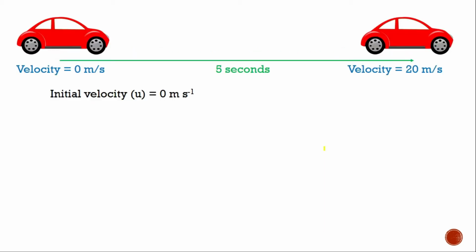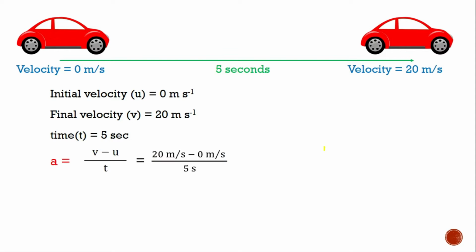Here, the initial velocity is 0 meter per second as the car was initially at rest, and the final velocity is 20 meter per second after time 5 seconds. So the acceleration that we get here is 20 meter per second minus 0 meter per second divided by 5 seconds, which is 4.